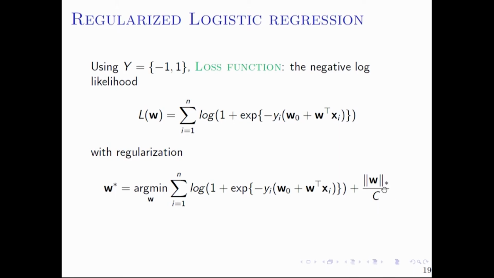Here you can use any norm, but in general it is mostly the L2 norm. There are some cases, like when we want to do feature selection, if you think about lasso, where we want only a few W to get non-zero values and most of the W to get zero value, then we use the L1 norm.